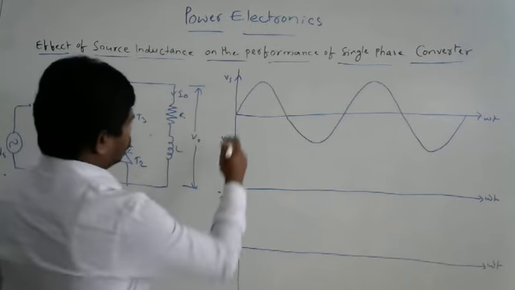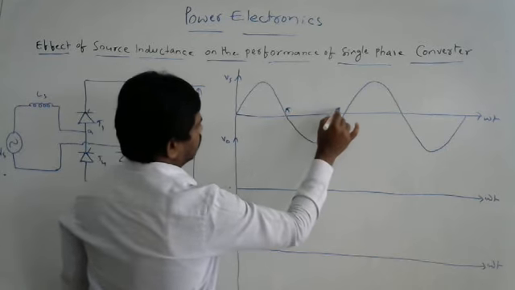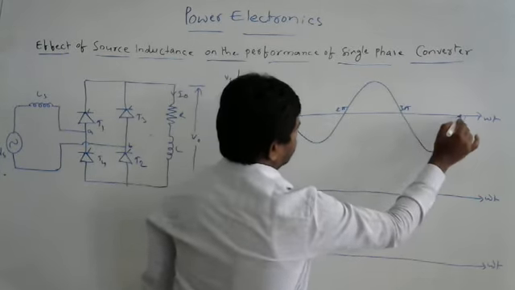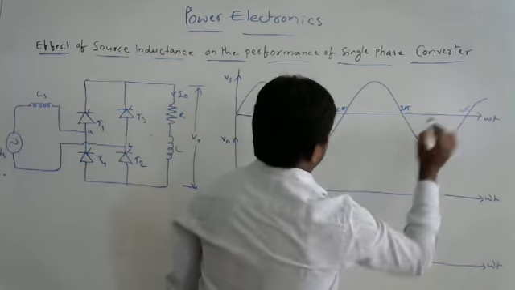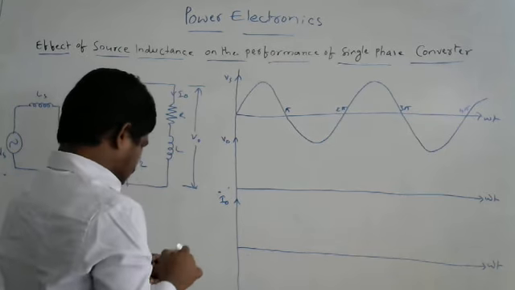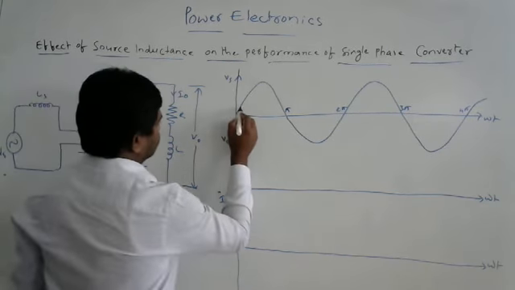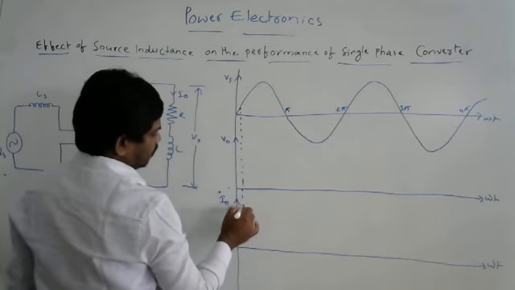We have to take some notations. This is pi, 2 pi, 3 pi, and this is 4 pi, like that. Next we draw dotted vertical lines. This is my alpha.